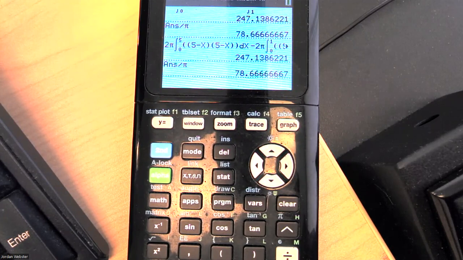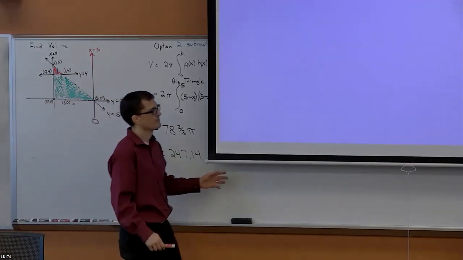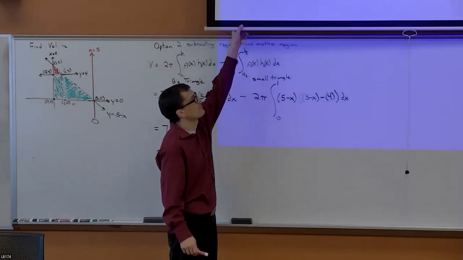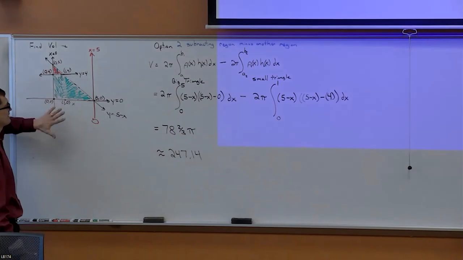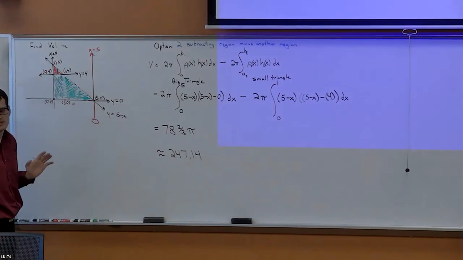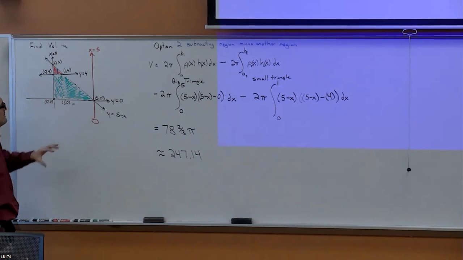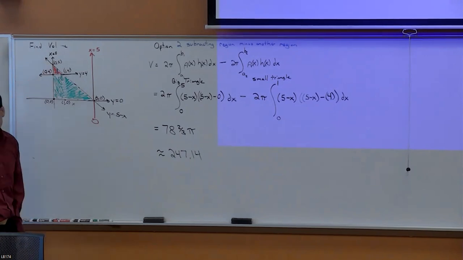So sometimes when you have these sort of complicated regions, you can split this up in different ways. You can split it up into parts and add up all the individual parts, or sometimes you can see it as one big thing minus a smaller thing.